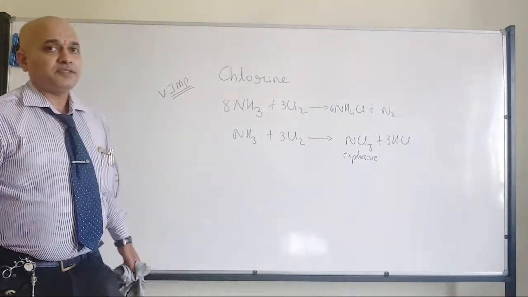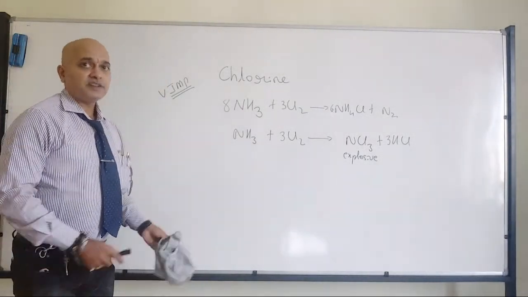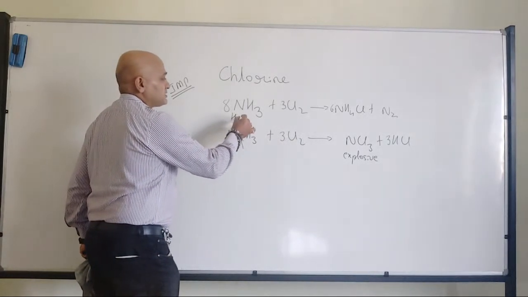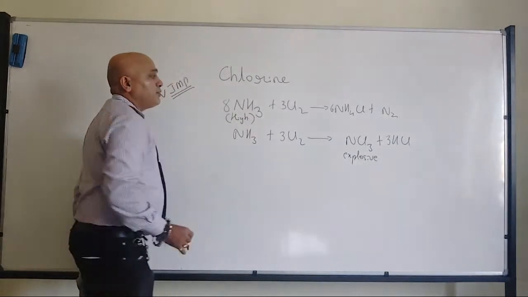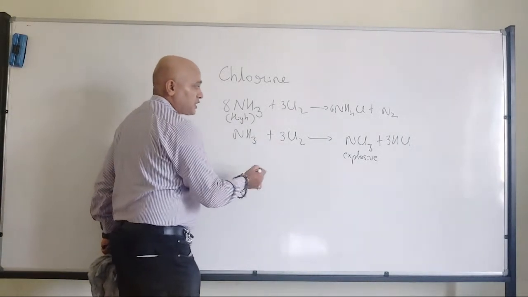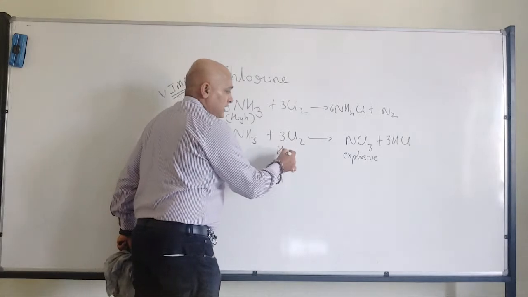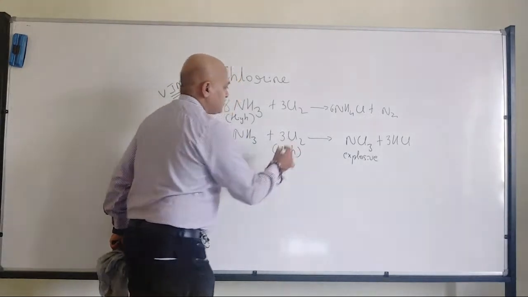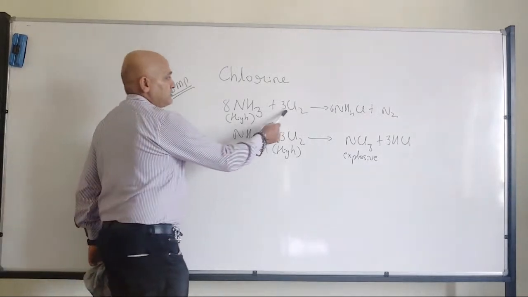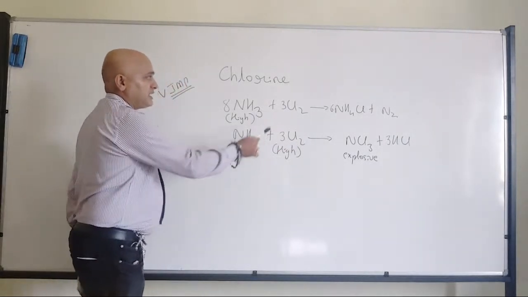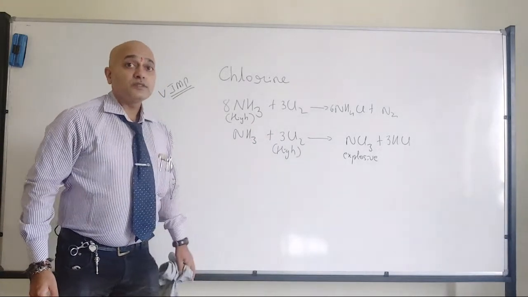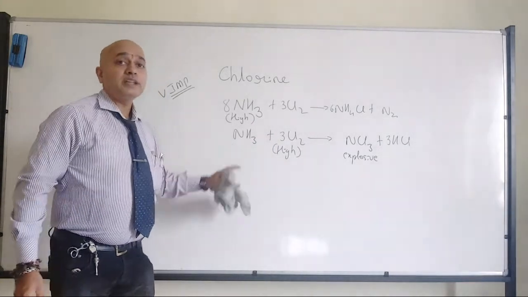The difference here is that we have a high concentration of ammonia. But in the next case we have a low concentration of ammonia, or high concentration of chlorine. I am talking about compared to ammonia.